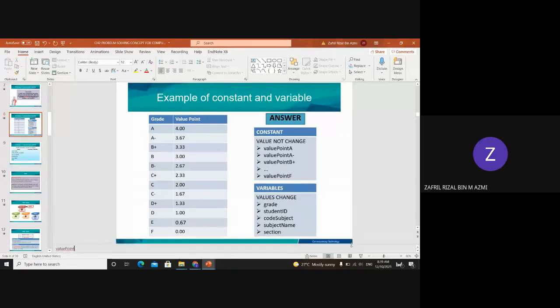As the designer and programmer of your program, you are the one who defines whether it is a variable or a constant. If you want to make value point a constant, it also can, but you need to find out what constant value it should hold. If you can justify that, then no problem to make it a constant.